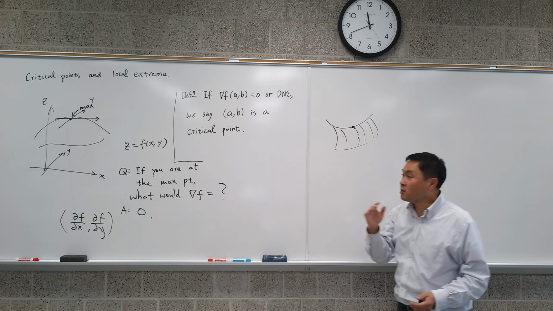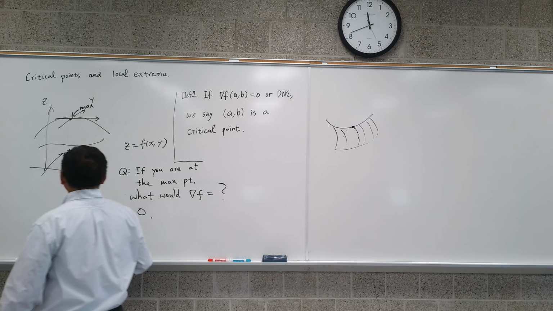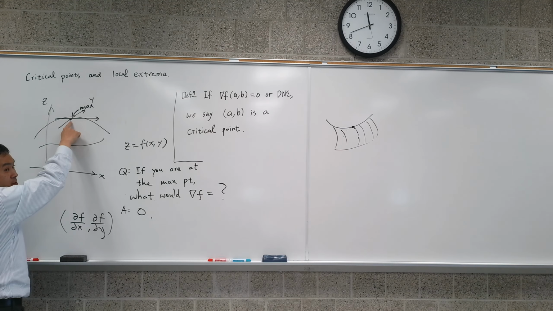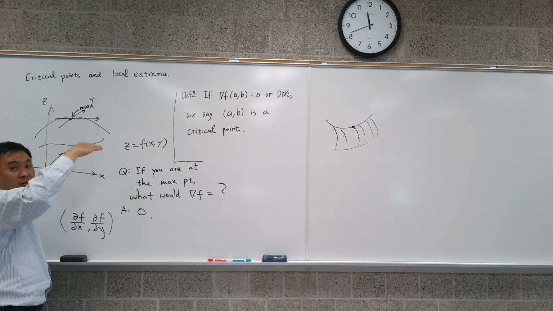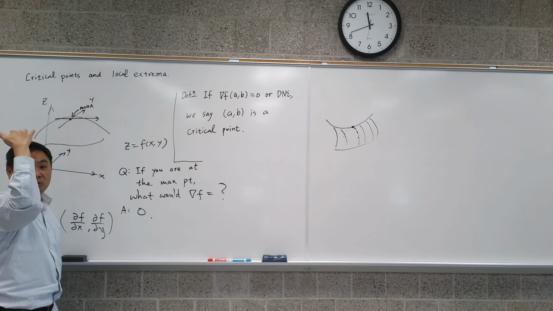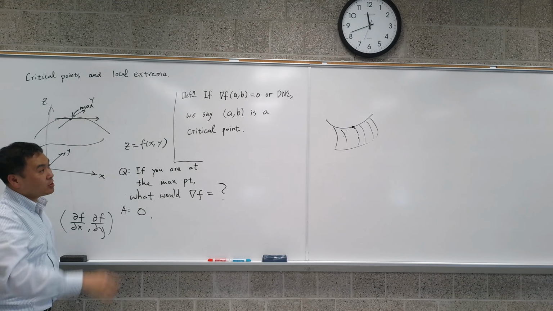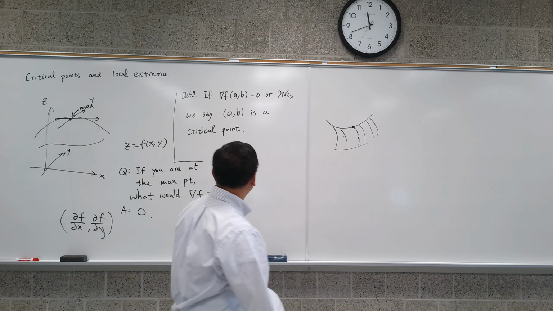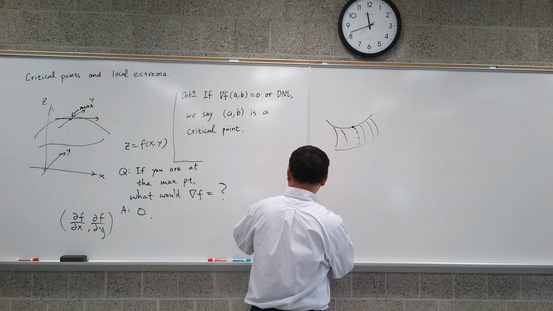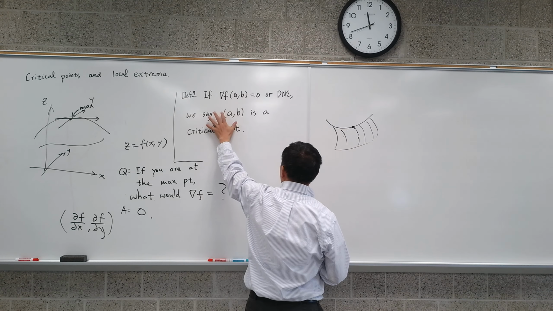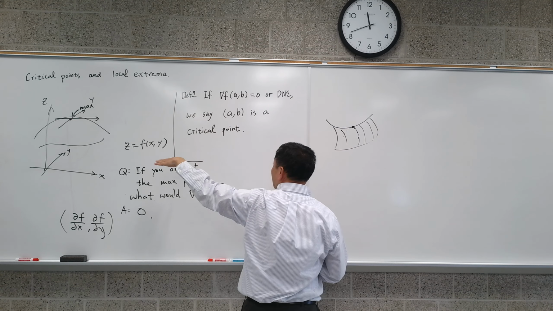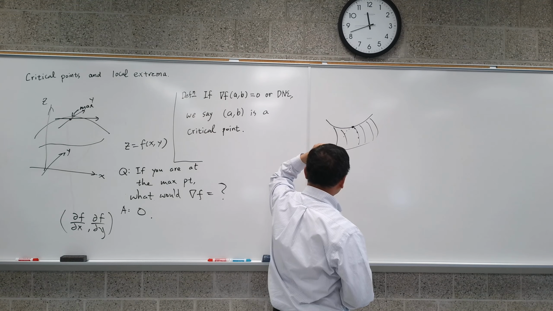Another way to think about this is, what's the tangent plane at the highest point? It will be a flat horizontal plane, right? So same deal. If you have gradient equal to zero, its tangent plane would become the horizontal one.